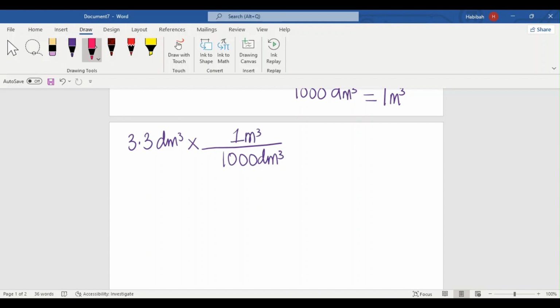So you cancel out dm cubed and dm cubed. 3.3 divided by 1000 would just be 3.3 times 10 raised to the power of negative 3 meter cubed. And this is basically what you have to be the answer.